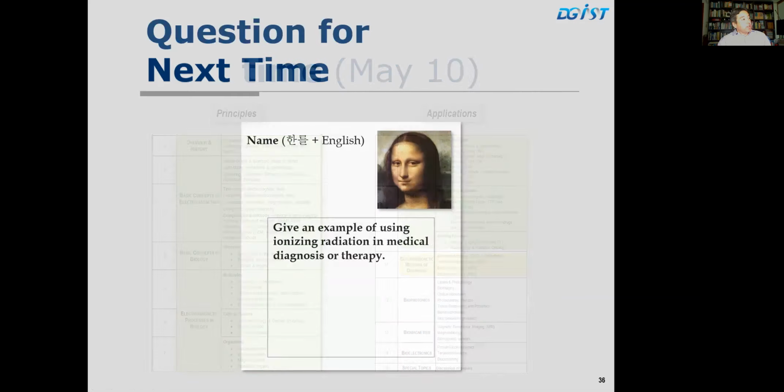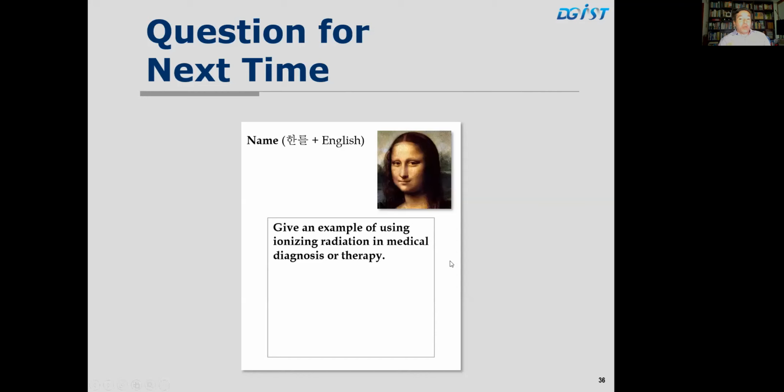So next week's question, which you do not have to do, is to give an example of using ionizing radiation in medical diagnosis or therapy. You may want to think about it. For next week, and I'll send a notice about this, please start to search in the medical journals, in the scientific journals, based on your interest, for original research articles, and find one that you find interesting and send that to me by next week.